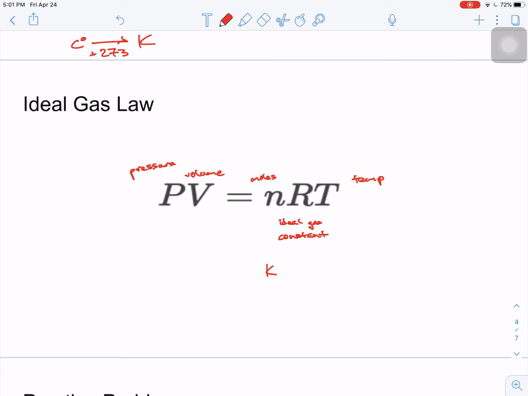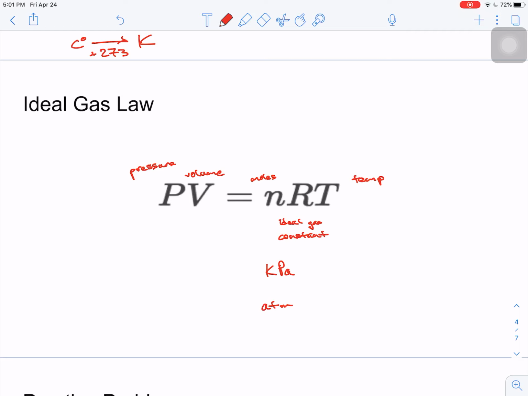So if you have kilopascals or atmospheric, you will be using two different types of ideal gas constants. Okay, so just make sure you guys don't use the wrong ideal gas constant because it'll lead to a wrong answer.